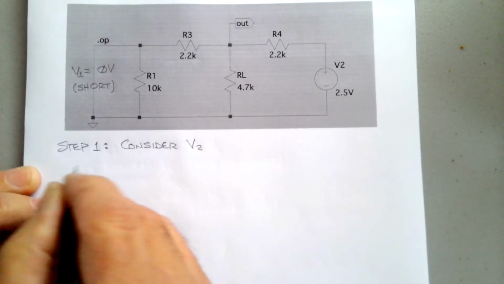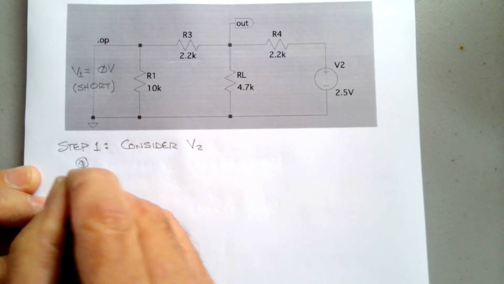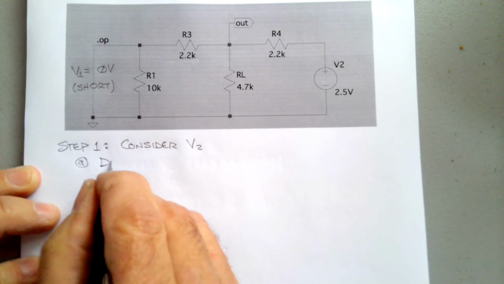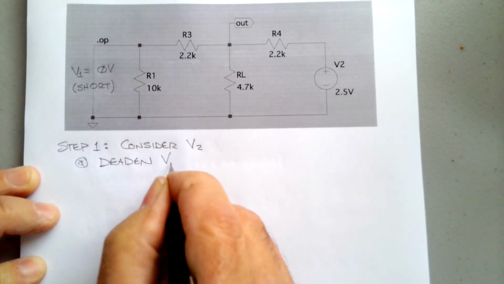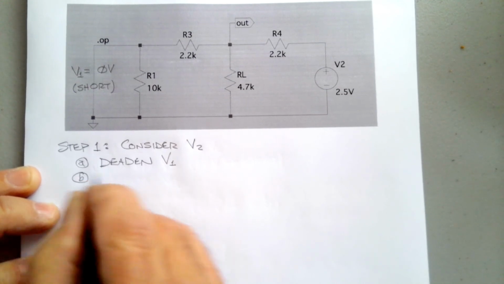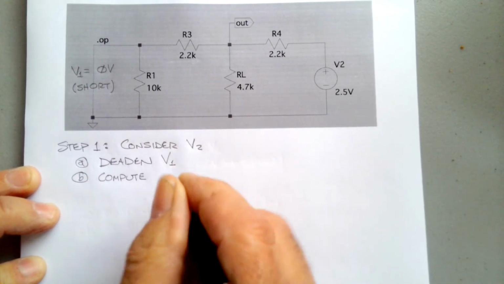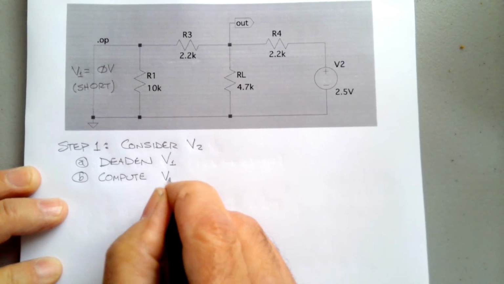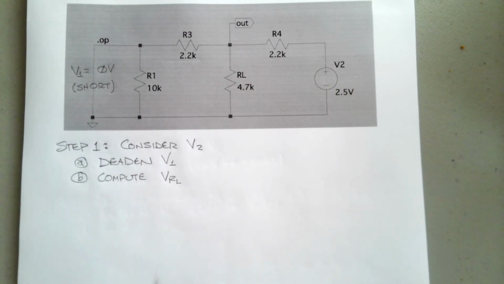Consider V2, and looks like we've already deadened V1 nicely. And step 2, we're going to compute VRL. And again, this is just the VRL due to step 1.